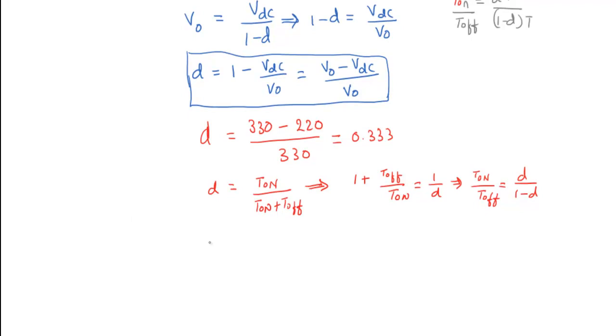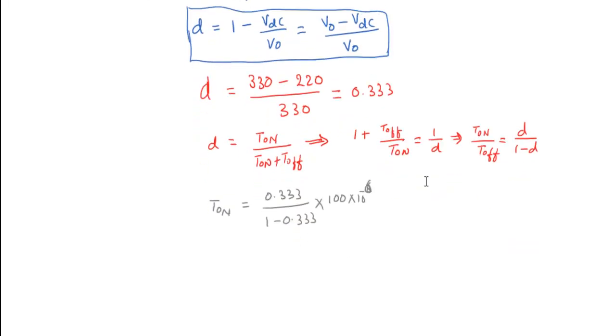T on equal to D that we calculated, 0.33, divided by 1 minus 0.33, into T off. T off we already got, it is 100 microsecond. Okay, so that's what is given, 100 microsecond. Now you can get the required on duration of the chopper. On duration will be 50 microsecond. Okay.